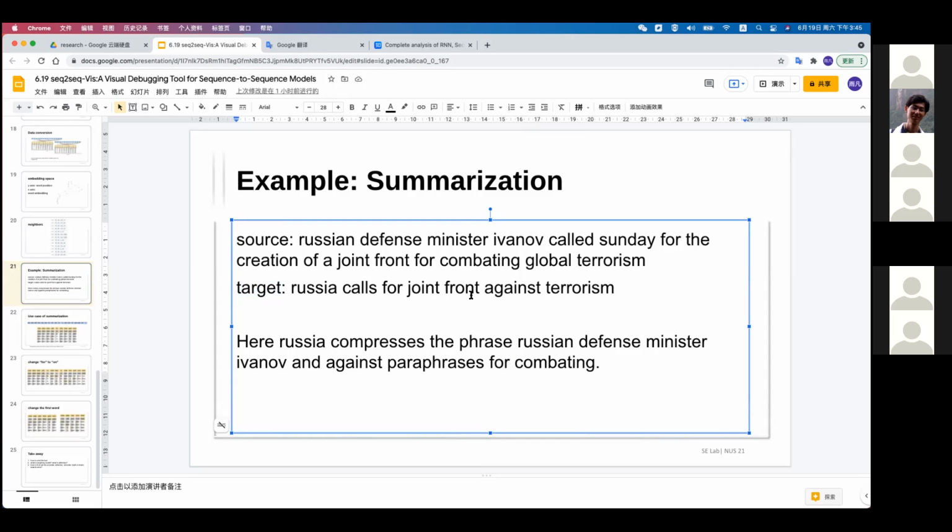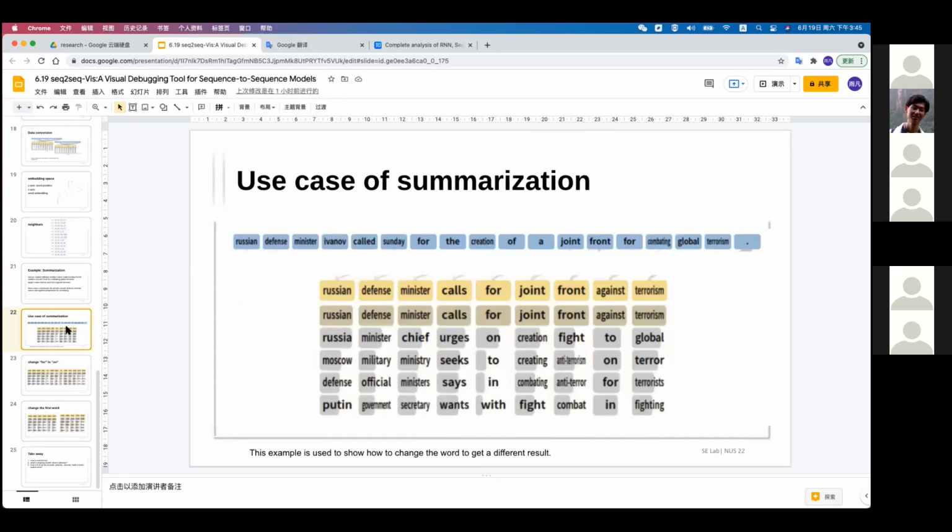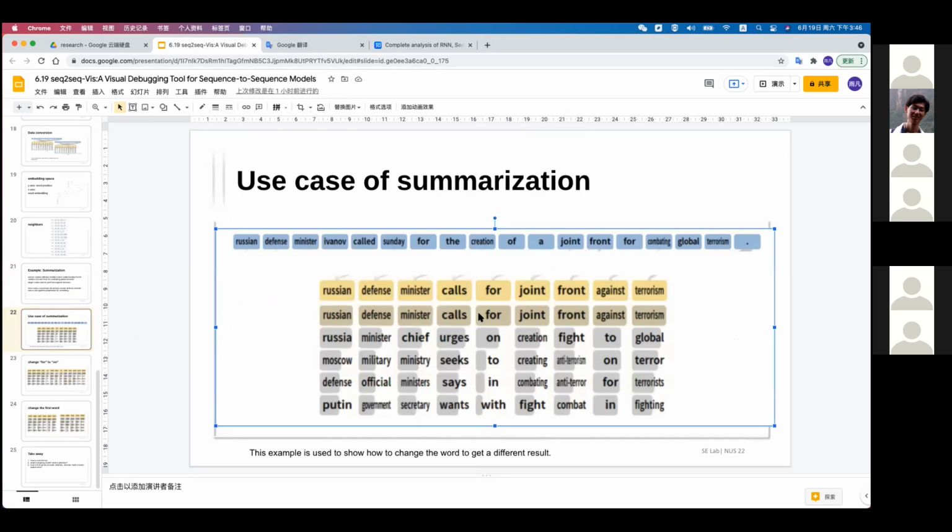And this paper only gives some examples to show this visualization tool works very well, and you can change the word to get a different result. For example, here, this model gets a result that is a bit long.